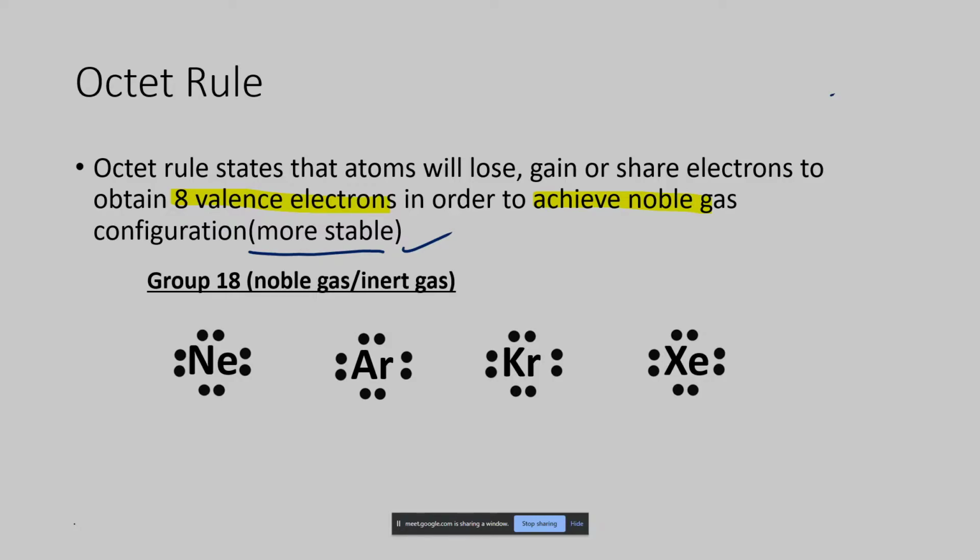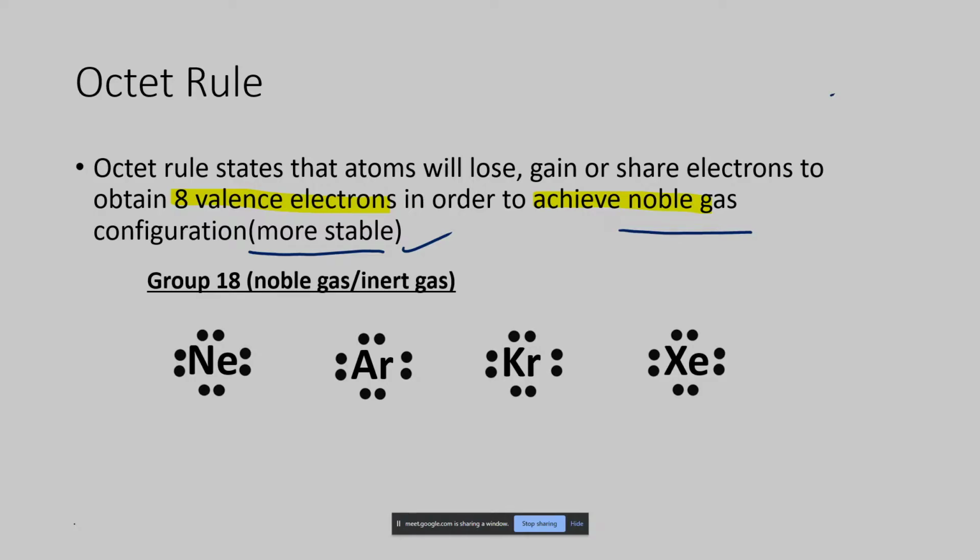Okay, if you see you punya periodic table, contohnya dalam group dalam you guys punya tutorial, the one I give you, if you see the very far right groups, okay, group 18 paling hujung paling kanan, those are called noble gas because diorang ada 8 valence electron, okay, kecuali helium.